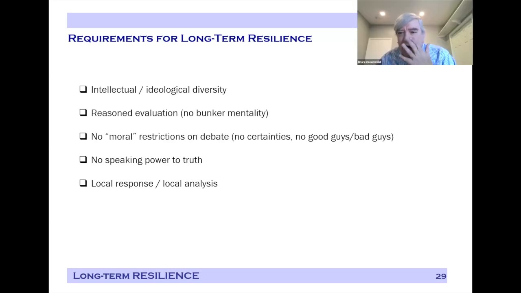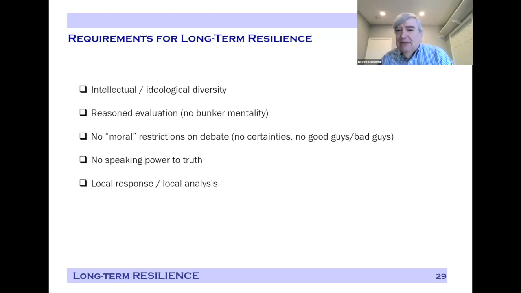All right. So the bottom line then is, I think, this. In dealing with these issues of long-term resilience, it really involves recognizing changes that are taking place and recognizing mistakes that have been made on the government side.